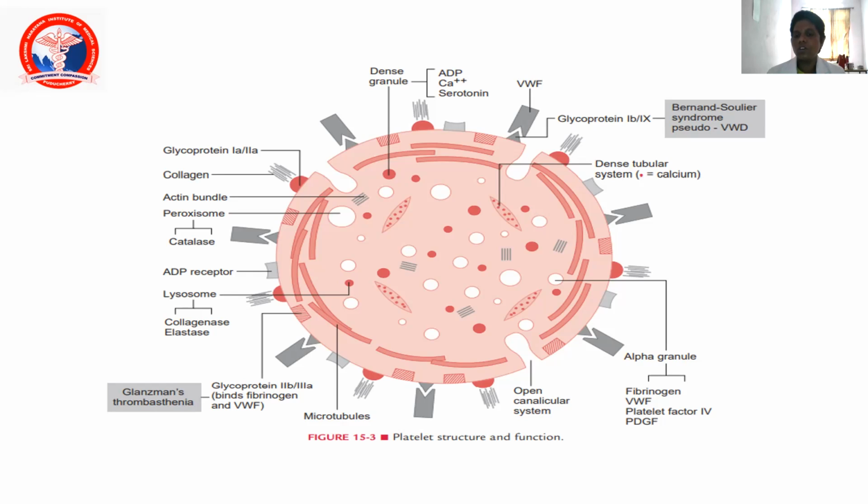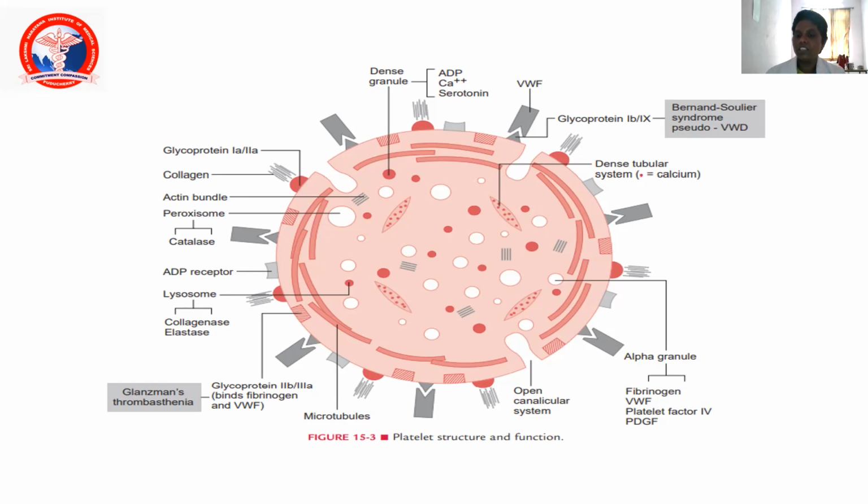And what is the role of platelet factor 4? It will inhibit the endogenously produced heparin that is released into the circulation from the injured endothelial cells.